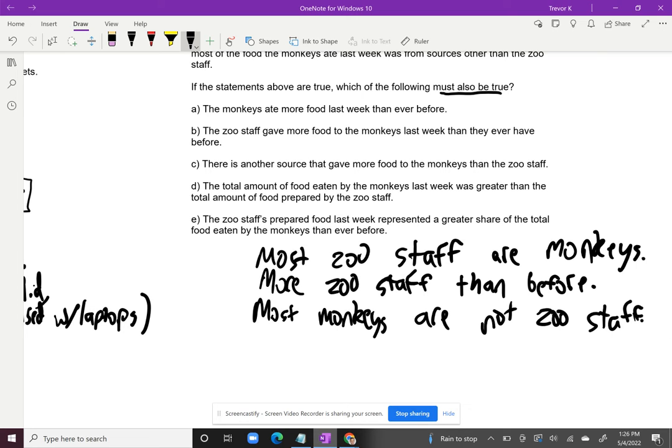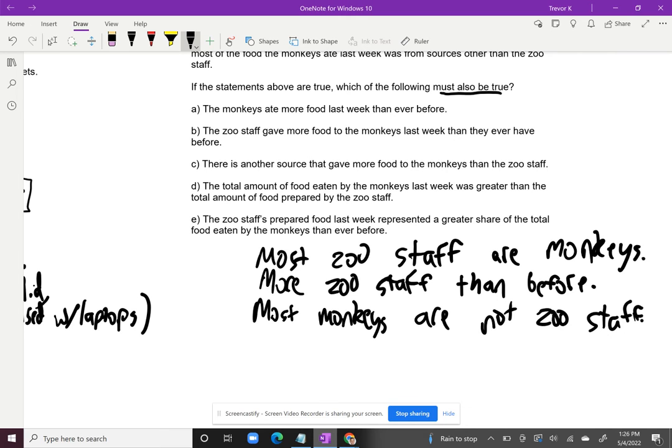Well, it must mean that the food the zoo staff prepares maybe represents like 10% of what the monkeys eat. Or in other words, the monkeys eat a lot of food and the zoo staff prepare only a small part of that, even though most of the food the zoo staff is preparing goes to the monkeys.